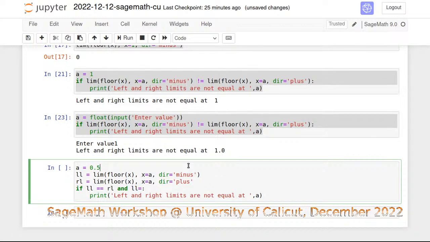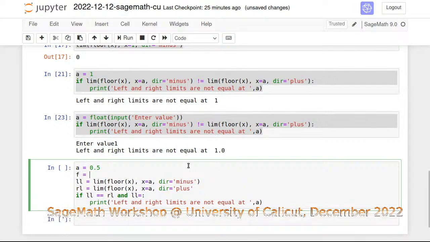So maybe we can write f is equal to floor of x and use f everywhere, so that the program will become somewhat general, and LL equal to f of a.